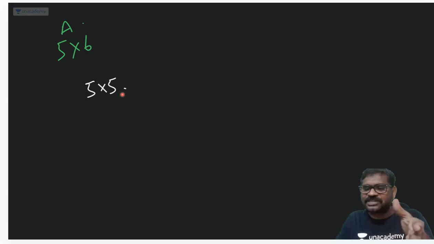Actual expansion of 5 cross 5 consumes time. Suppose, luckily, after expansion the value is non-zero, then rank is 5. If it becomes 0, you have to verify the other 5 cross 5.